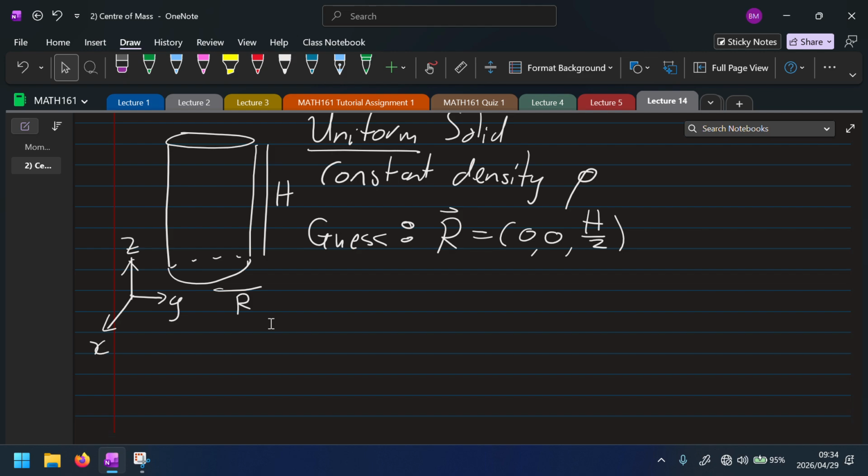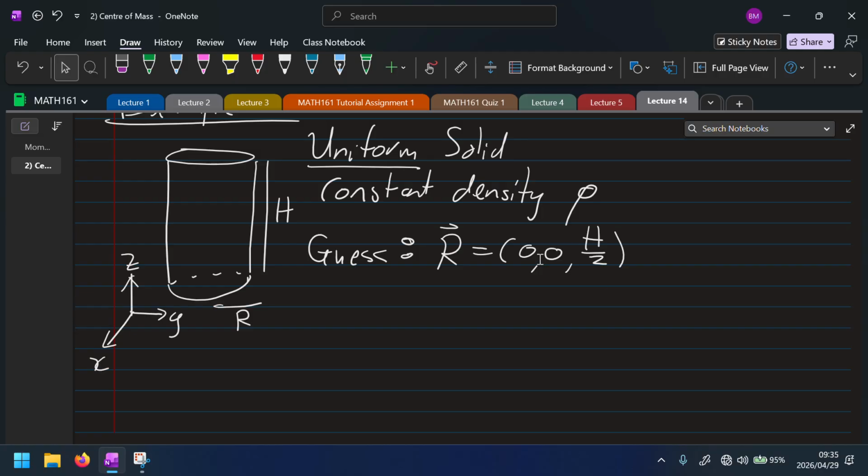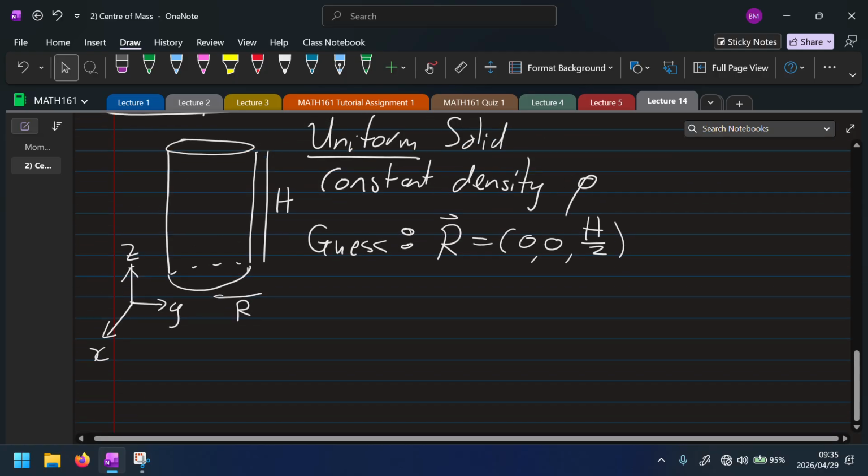Okay. So let's work it out. This h/2 part I'm going to do with you, and then these x and y you're going to do for homework. Because it's symmetric, you only need to do one of them. If you do it for x, y is obviously the same, but z will be different. So homework, you do that one. I'll do the z one in class.